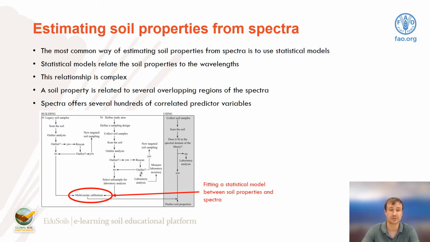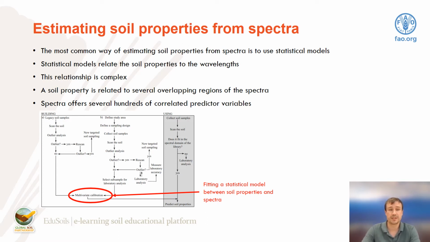In addition, the spectral data contains many predictors. For example, in a regular spectrum in the visible and near-infrared range, we have about 2000 wavelengths, which we will use as predictors in the statistical model. These wavelengths are correlated one to another, and the spectra are also correlated one to another.